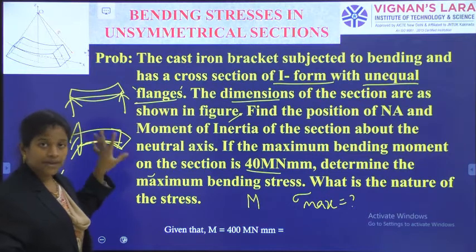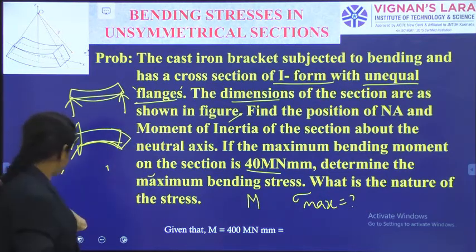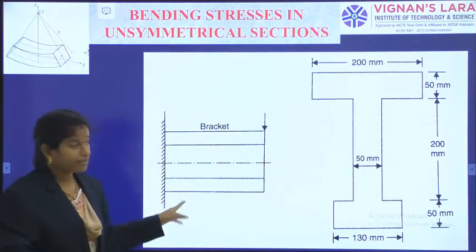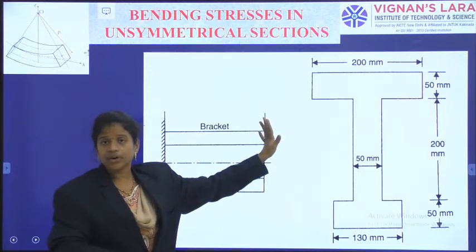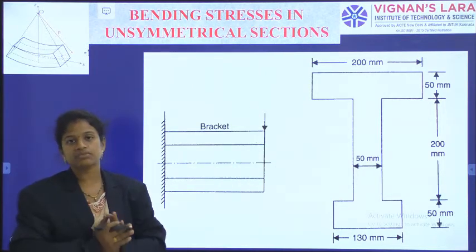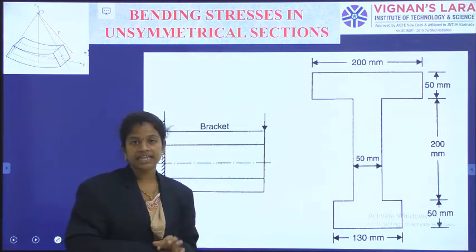In this way, based on the beam condition, I need to give the nature. In the picture, they have given a cantilever beam with some loading condition. The load is not necessary because they have given the maximum moment, and they have given a section.